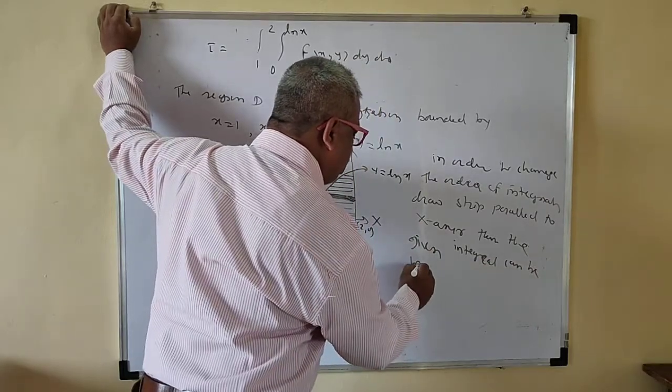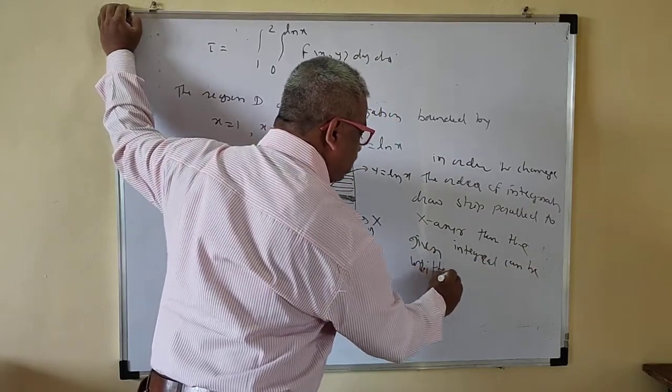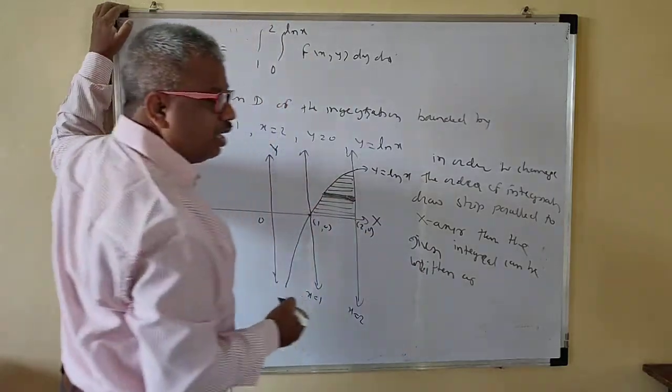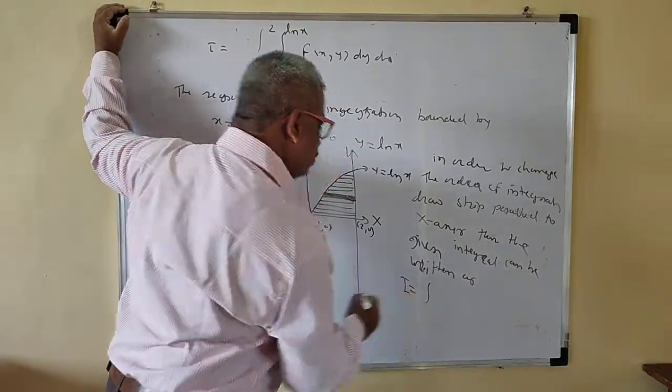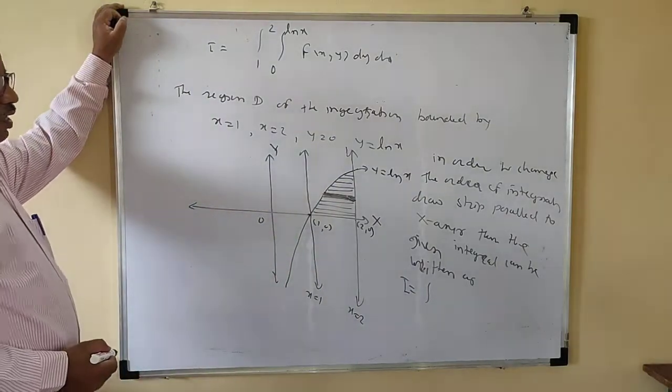This is very important, you have to write this, can be written as, because the problem is only to change the order of integration. So I is equal to, okay, we change the order of integration.